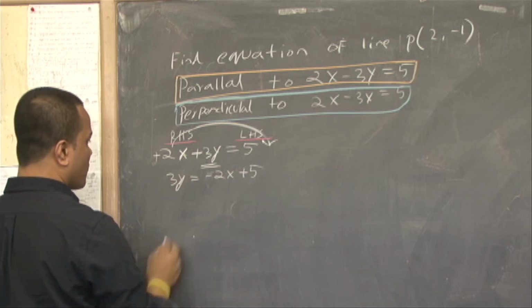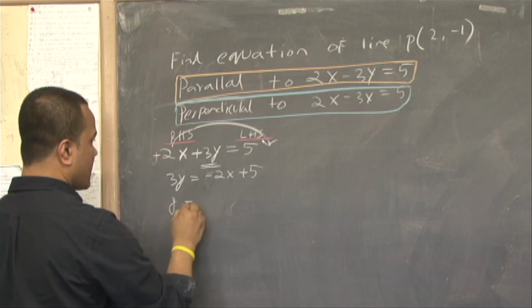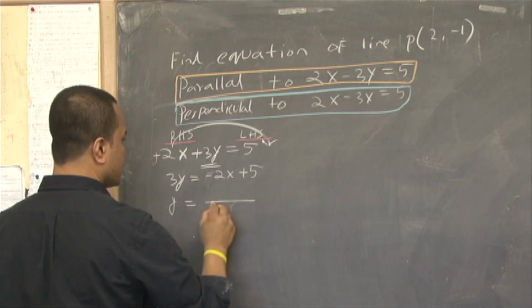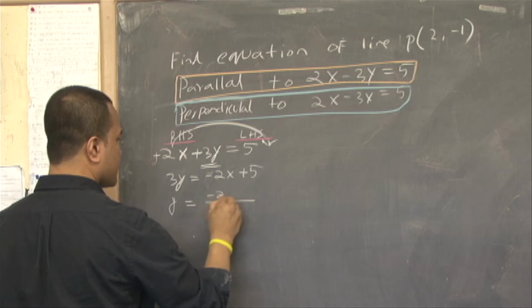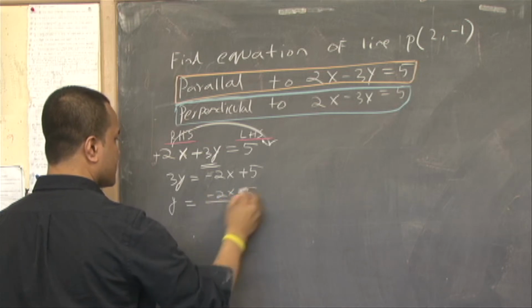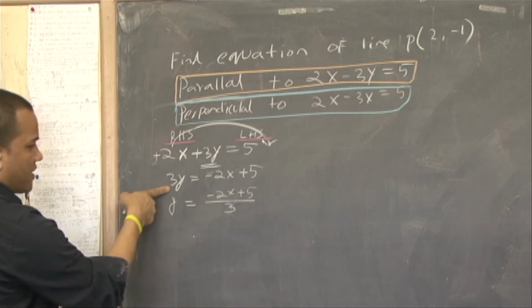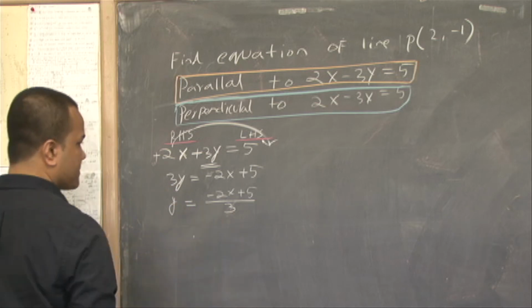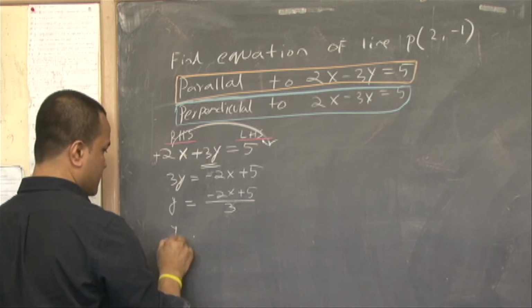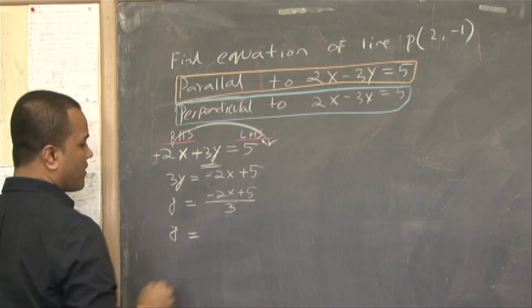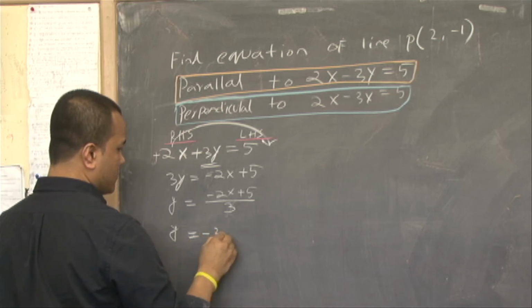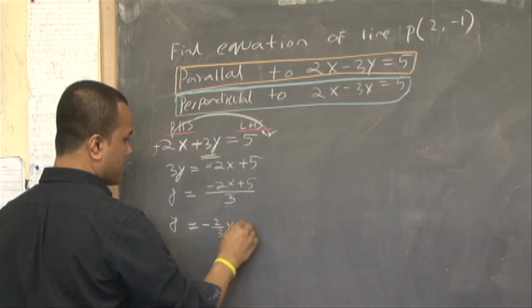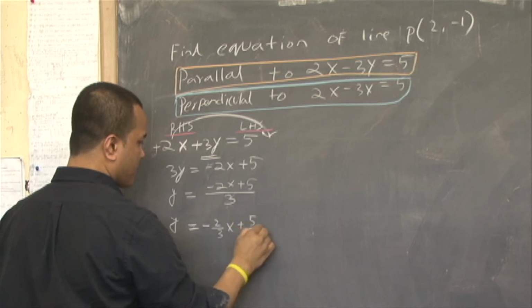Let's isolate y, that's our goal. Y is simply, so this 3 now goes here. We can rewrite it as y equals minus 2 over 3 x plus 5 over 3.